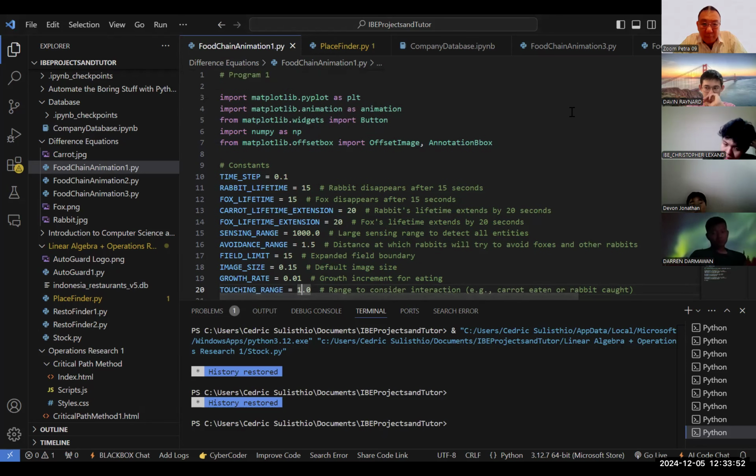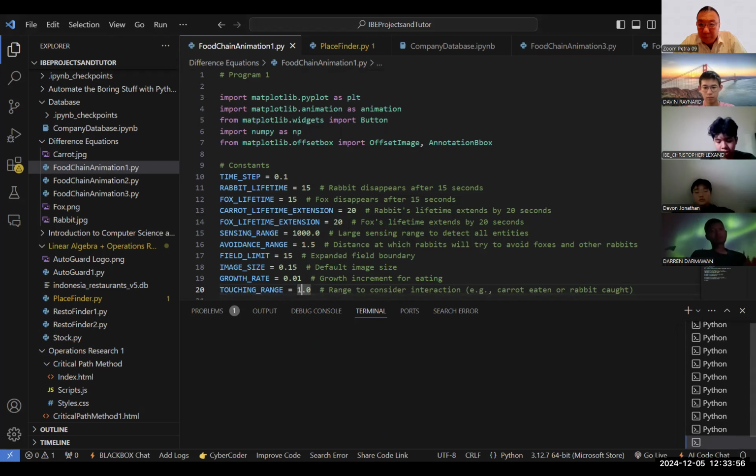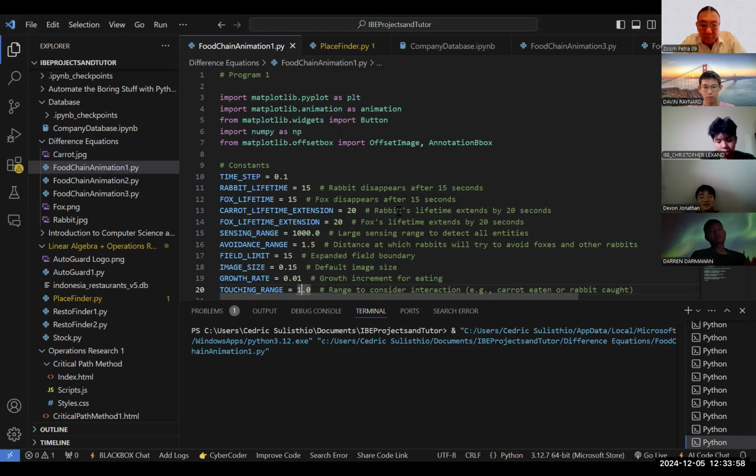Where's the play button? Is it appearing on the screen? Share the whole screen so that we can see. Okay, let me share my whole screen.